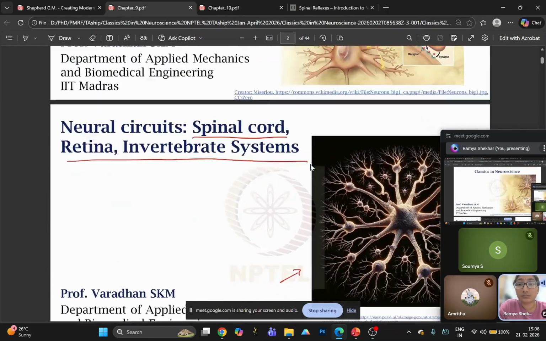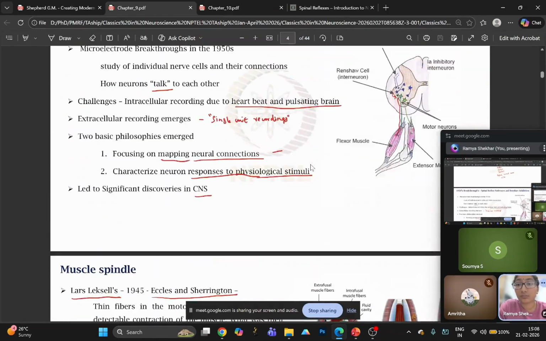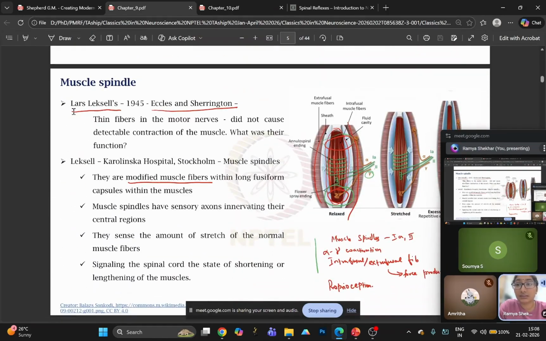So Lars Leksell was very interested in trying to follow up on what Eccles and Sherrington had done. Eccles was a student, the last student, of Charles Sherrington, as discussed in the previous classes, and both of them were working on spinal reflexes. They were trying to understand spinal cord reflex action.